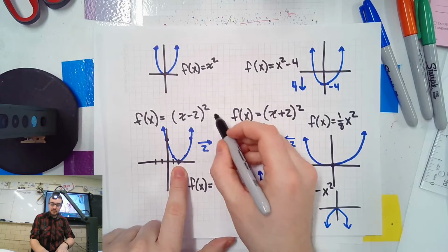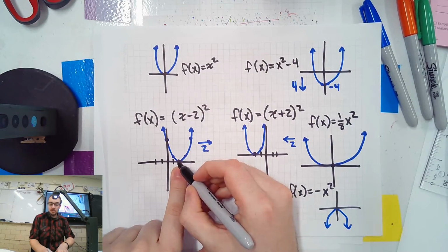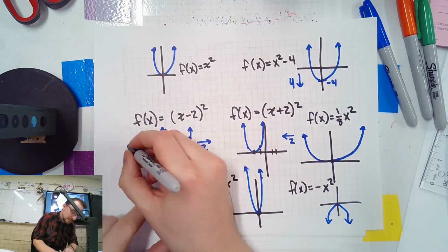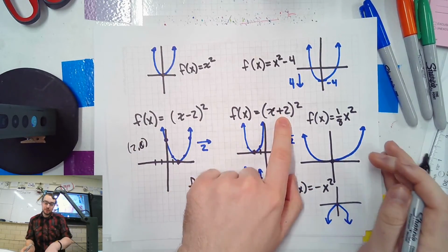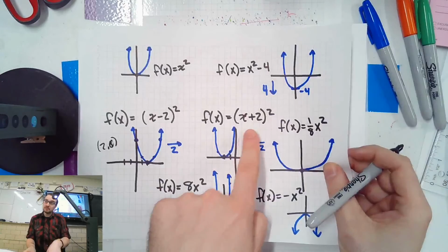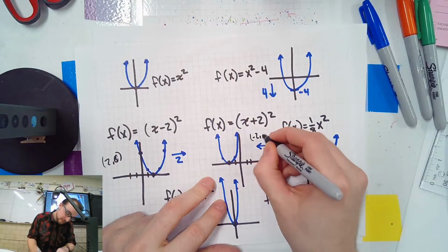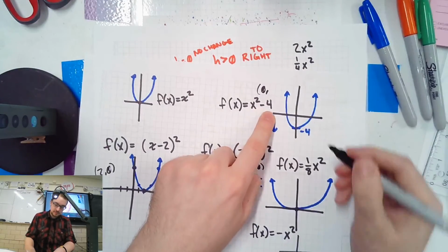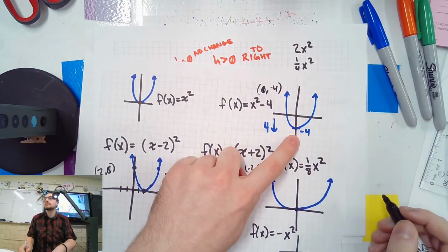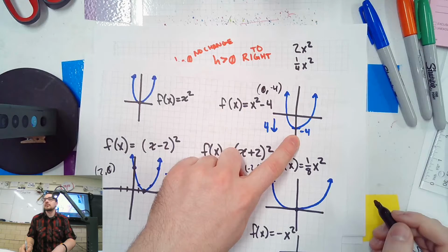No change up or down, but a change 2 to the right. 2 is the number we plugged in. So the vertex will be at 2, 0, which it is. Here we plugged in -2 and then we negated it, right? So it became positive. So our vertex should be at 2, 0. Here, our vertex was nothing for H, and then -4 for the Y, right? So our vertex is down here at 0, -4.